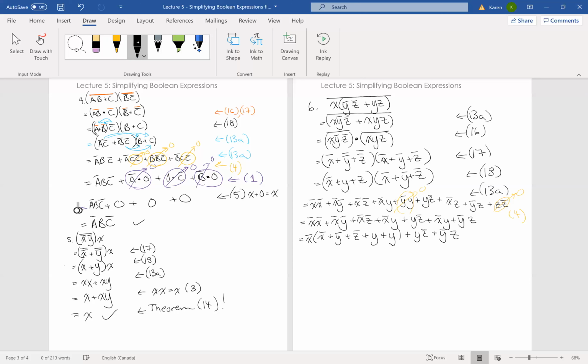So I factored out here, and factoring out, I think that's a 13a again if I go in the factoring direction.